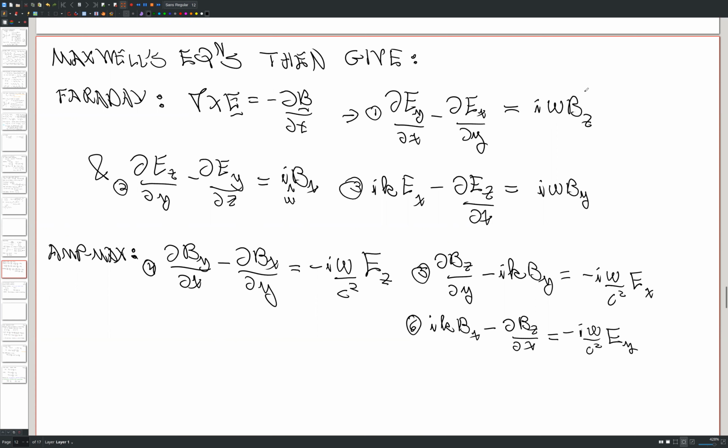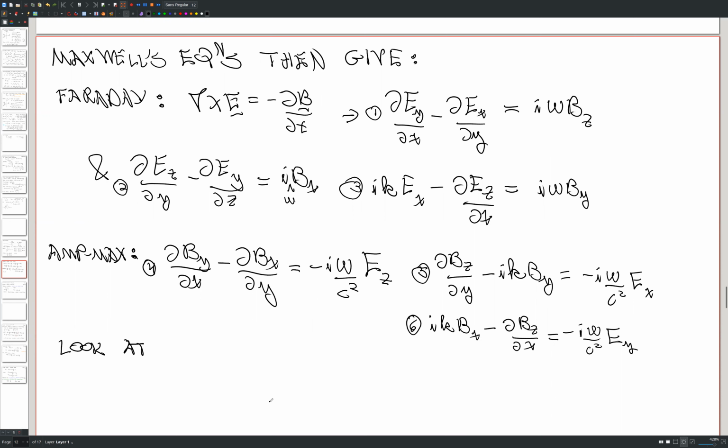So here we want to write fields, first of all, in terms of derivatives of fields. And then when we back substitute in the remaining equations, we're going to get second derivatives of fields. So a kind of wave equation like thing. Now, I think the simplest is to look at the equations for EX and BY.